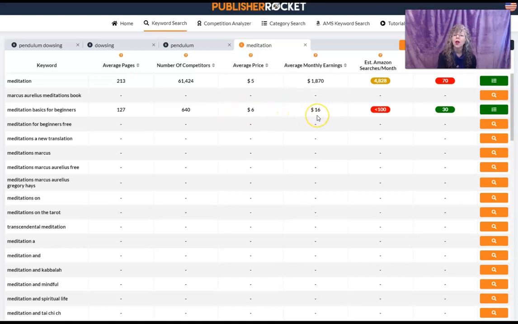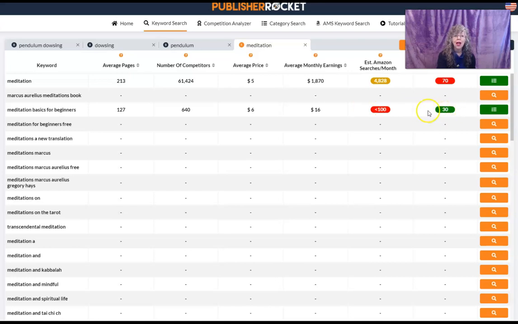The earnings are terrible, right? The average person who's showing up at the top of that search phrase is only making about $16 a month from their book. That's not good. And that's because there's less than 100 searches a month for that key phrase.